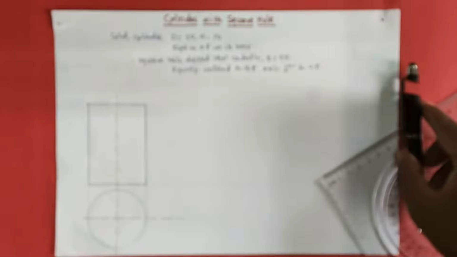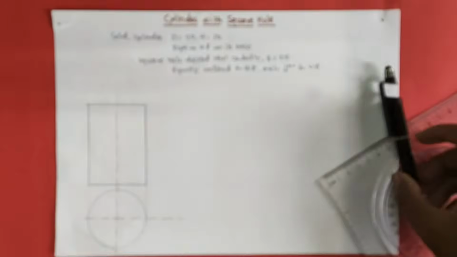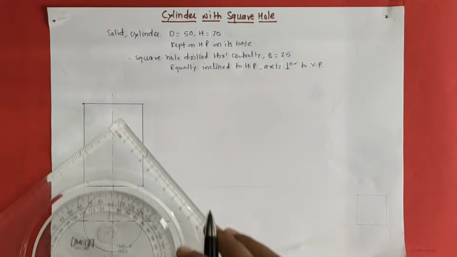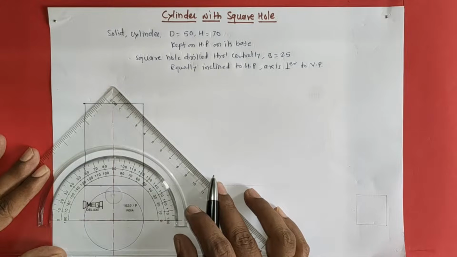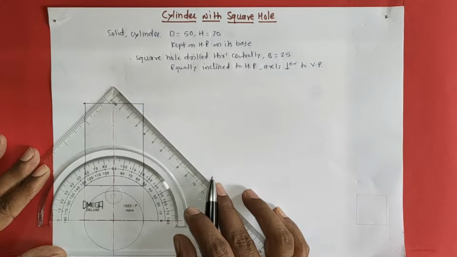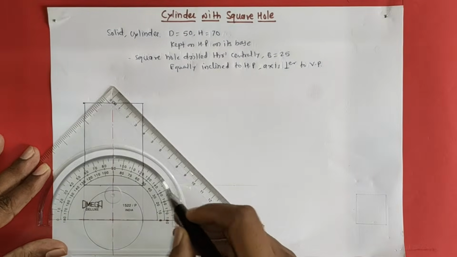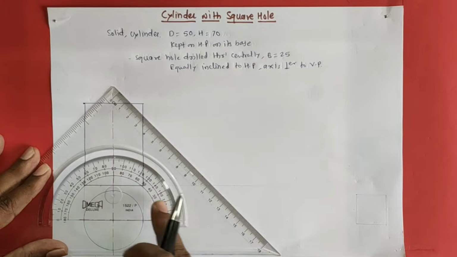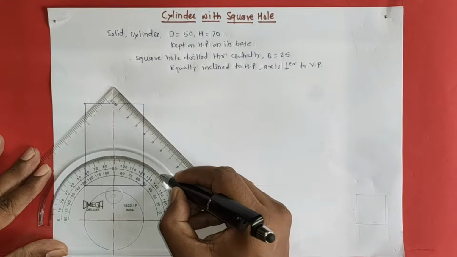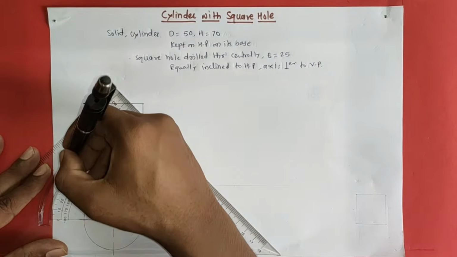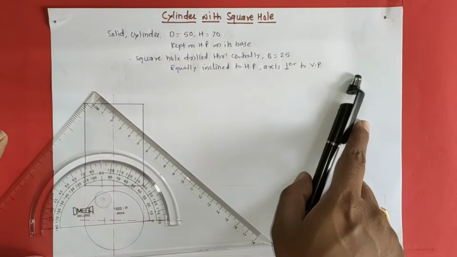Now we have to divide this circle into 8 equal parts. I will match the centers, and now I will mark here for making 8 parts. Take this angle of 45 degrees, 45 degrees to the right side and 45 degrees to the left side.